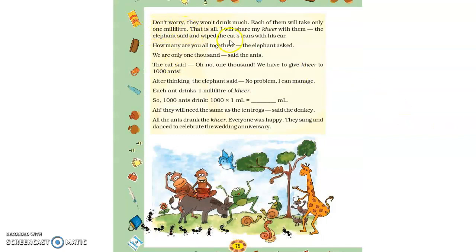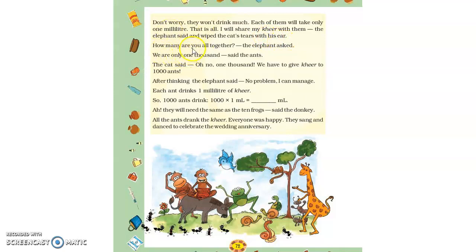Don't worry, they won't drink much. Each of them will take only 1 milliliter. That is all. I will share my kheer with them, the elephant said, and with the cat. The cat turned his ear.